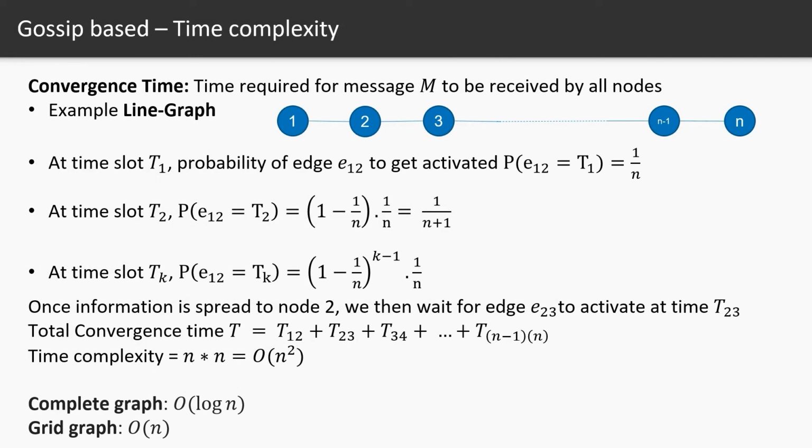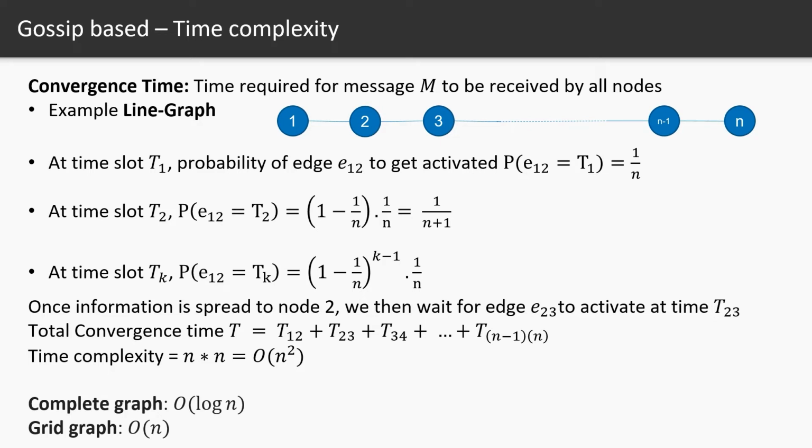Looking at the time complexity here, we would describe it as the time required for the message M to be received by all nodes. Let us look at the line graph. The time t to wait for its activation is a geometric random variable of parameter. So at time slot t1, the probability of edge e12 getting activated is 1 over n.